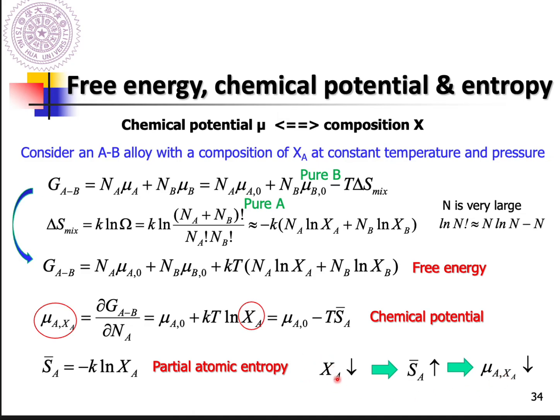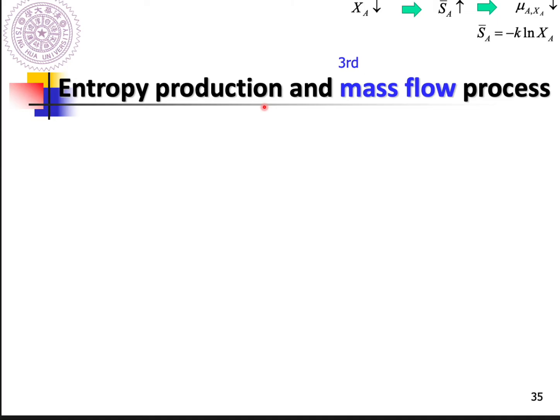If you decrease the composition of atom A, then the chemical potential decreases in the meantime. So the chemical potential of atom A changes with composition. Following this concept, if you increase the composition of atom A in your alloy, the chemical potential of atom A increases in the meantime. Now we have this relationship between the chemical potential and the atomic fraction of atom A.